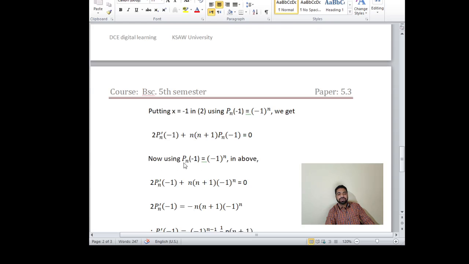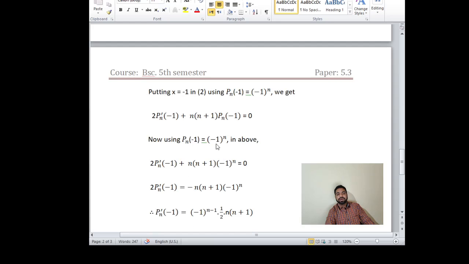Next we use the result Pn of minus 1 is equal to minus 1 raised to n in the above equation. So this side is 2 P dash n of minus 1 plus n into n plus 1 minus 1 raised to n equal to 0, with the first term as it is.